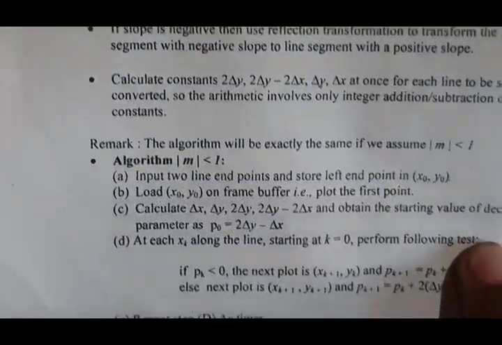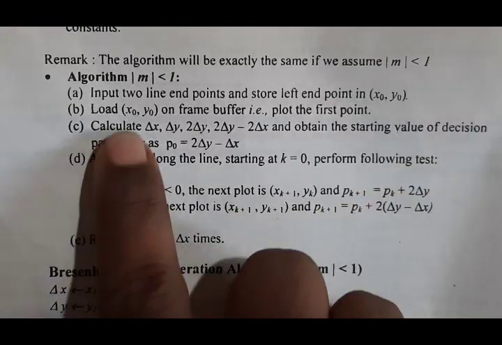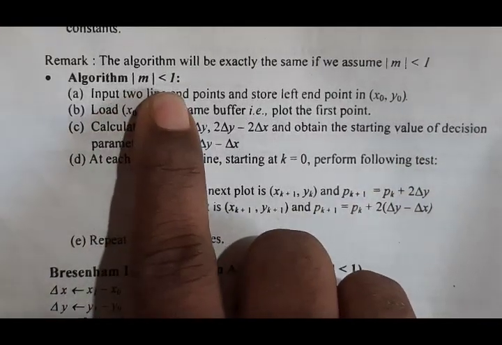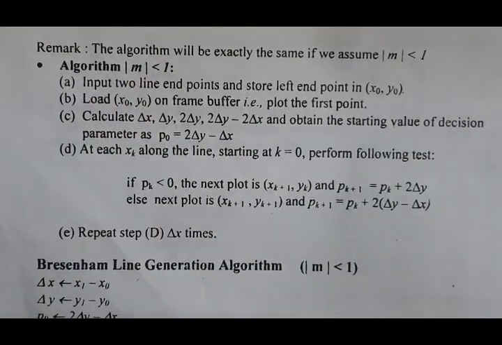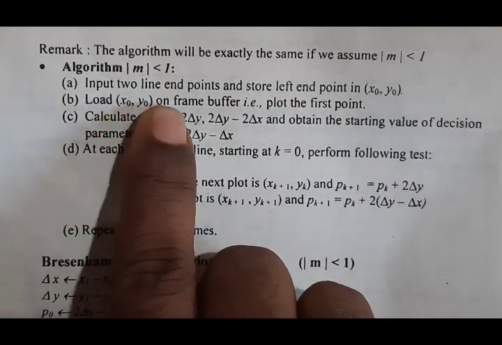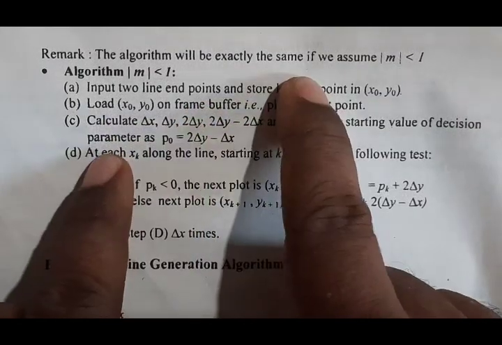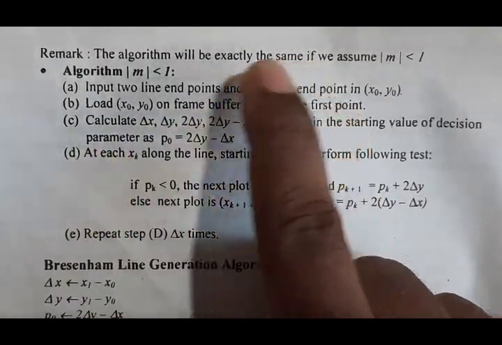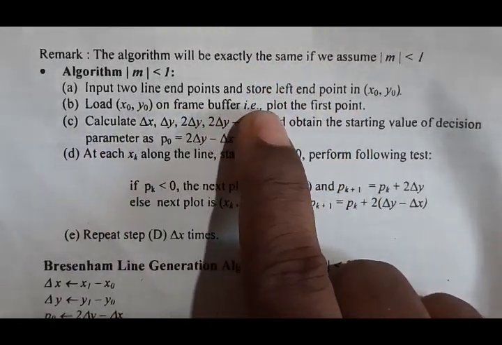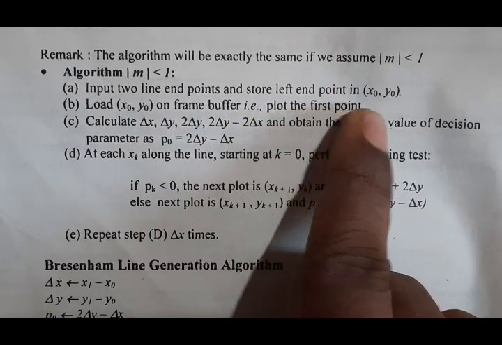See here, we will take an algorithm. If slope is less than 1, you have to input two line endpoints. If there is one straight line, it has two endpoints. Store the left endpoint as x0, y0.